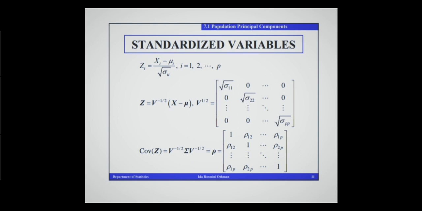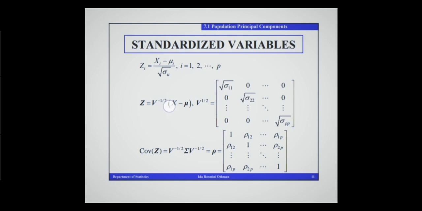But now we replace x with z, which is called the standardized variable. So when x is replaced with z, this is how we transform x to z: subtract the mean from the variable and divide by its standard deviation.